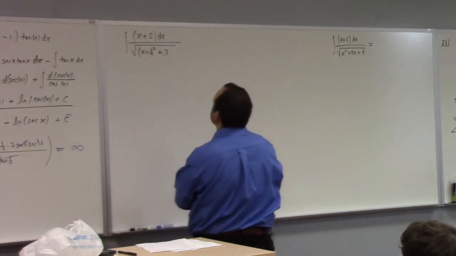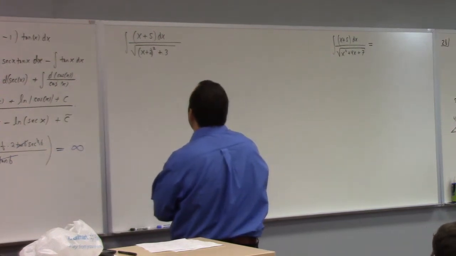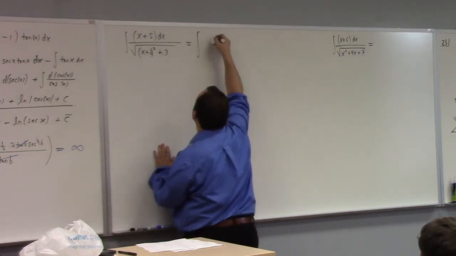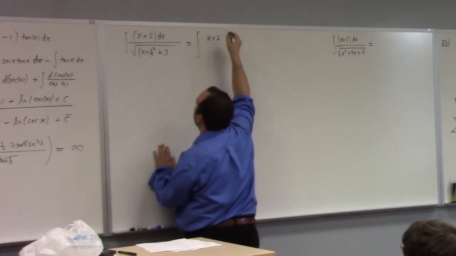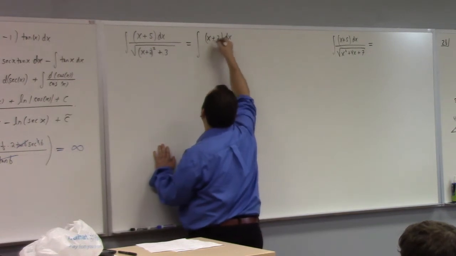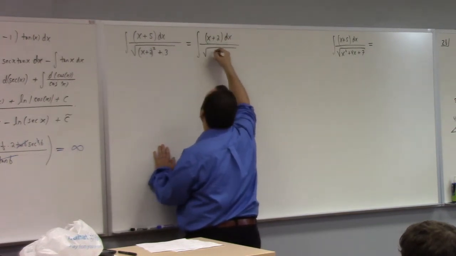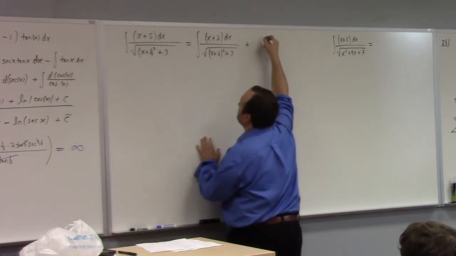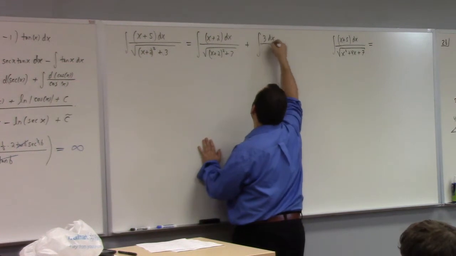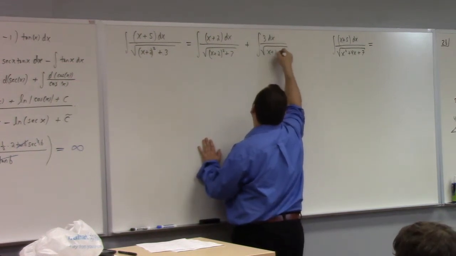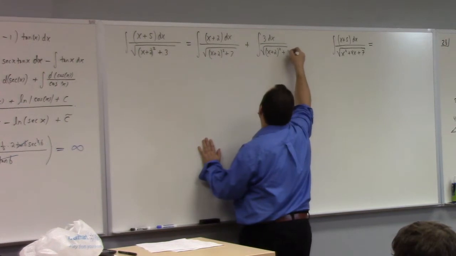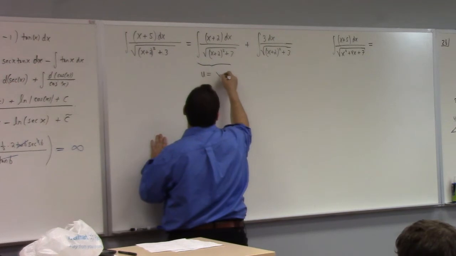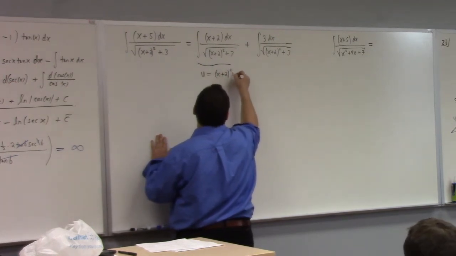U sub. I don't know, personally what I would do here is x plus 2 dx over square root of x plus 2 squared plus 3 plus integral of 3 dx over the square root of x plus 2 squared plus 3.